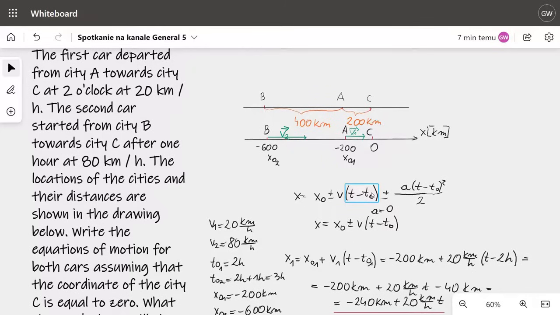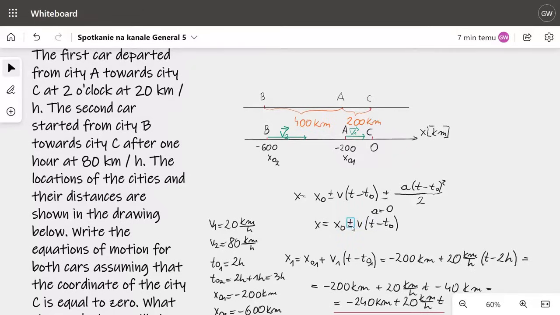Cars move with constant speed, so acceleration is equal to 0. So the third expression in this equation is equal to 0. x0 is initial coordinate of position, and v is magnitude of velocity vector.